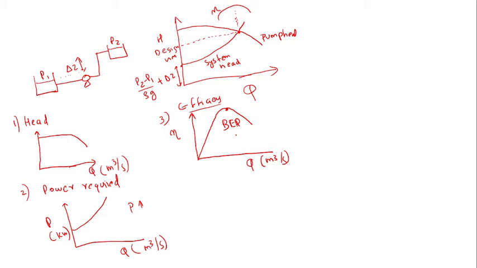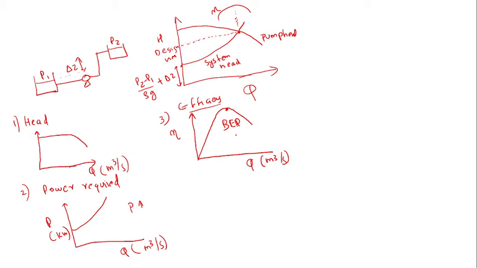Similarly, the next case will be if we keep the impeller speed constant. If the impeller speed is given by n and we keep it constant, then all this will be the same, except that the ratio will be diameter of second by diameter of first.